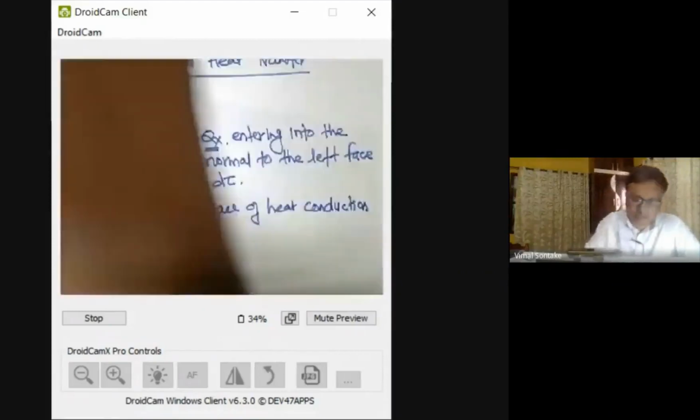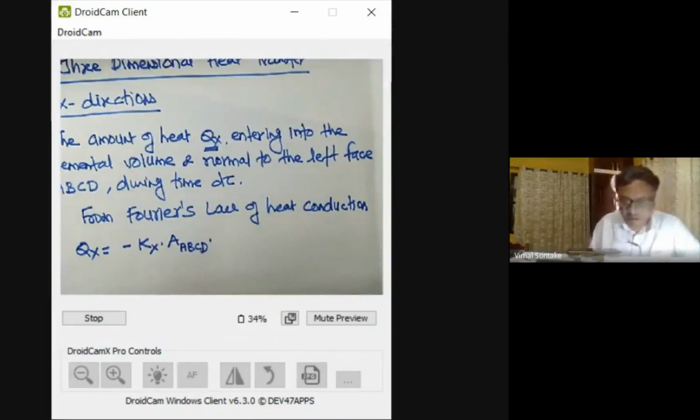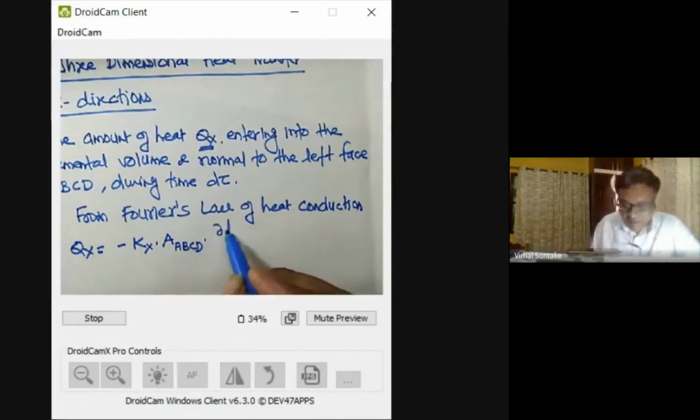So I have to write area as area of face A, B, C, D. Then variation of temperature delta T, and it is changing with respect to the thickness. And what is that thickness?